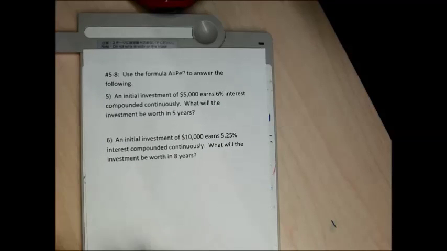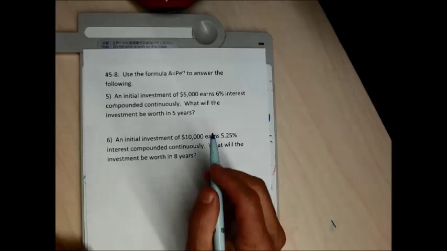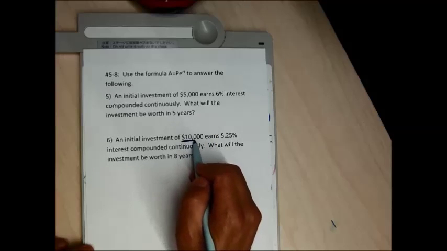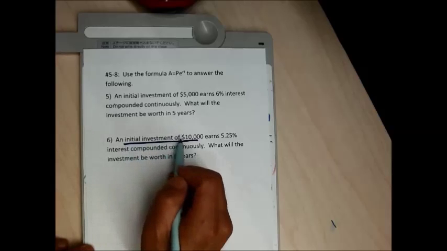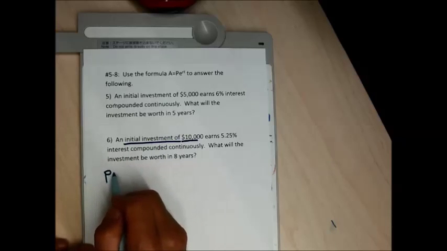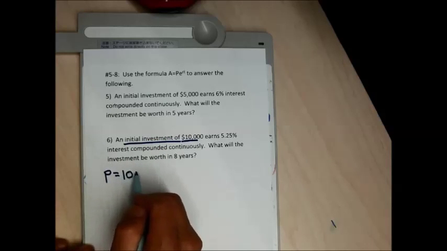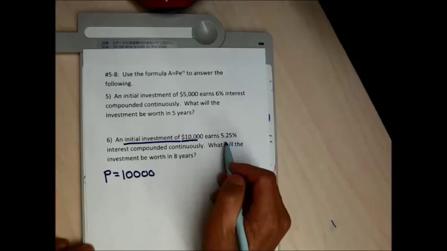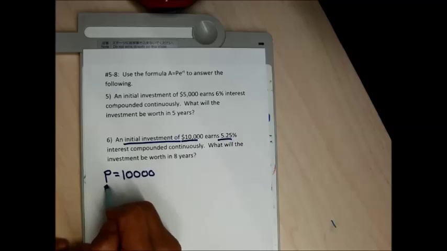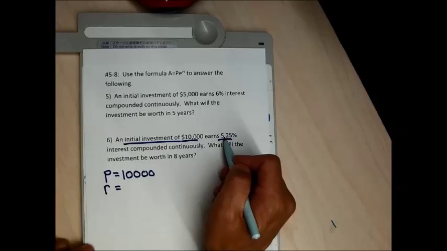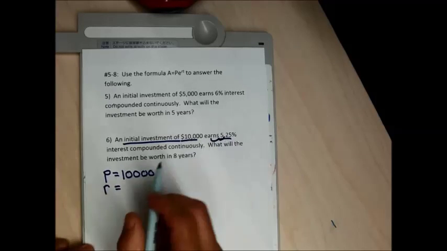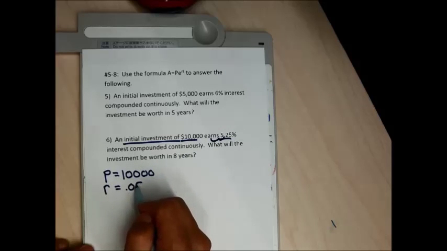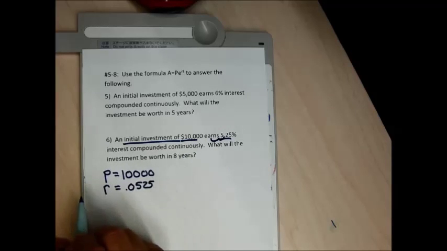So let me see if I can use this formula. An initial investment of $10,000. Boom, initial investment, that means the P is equal to 10,000. Earns 5.25%, that means the r, make that a decimal, by doing that you move the decimal to the left and you get 0.0525 is r.